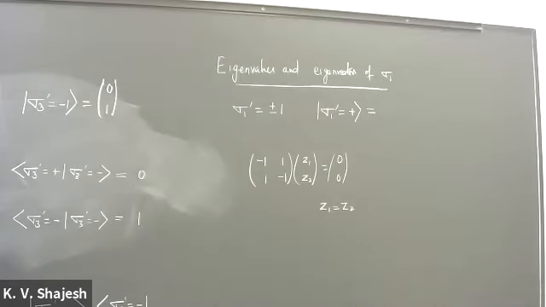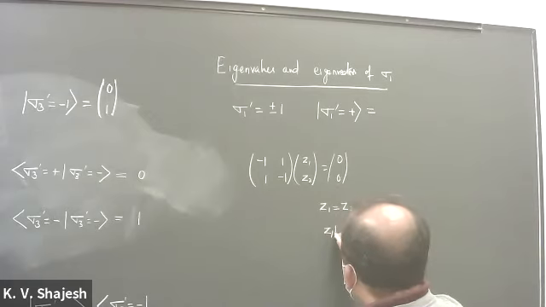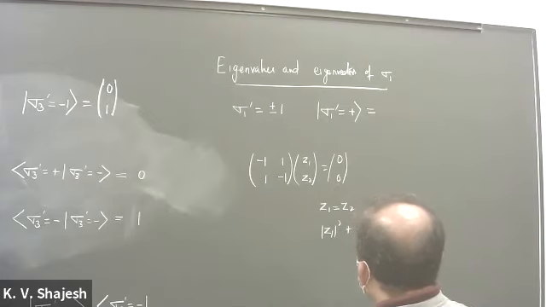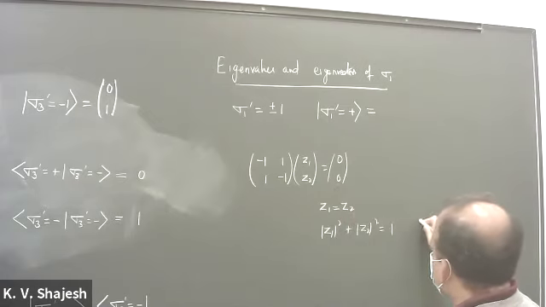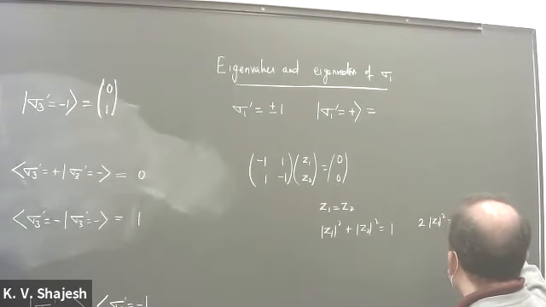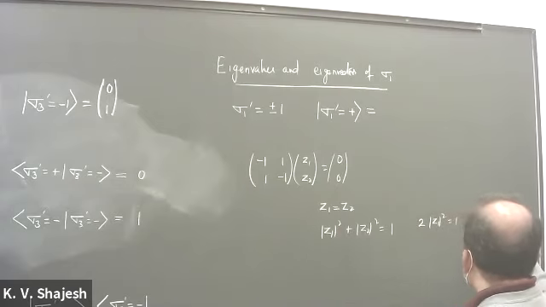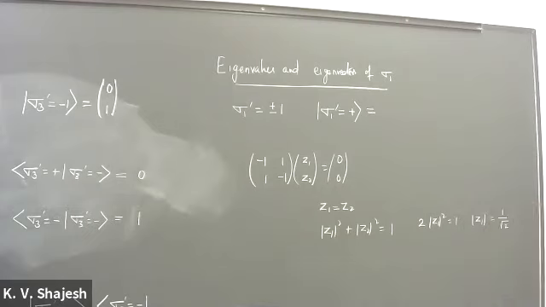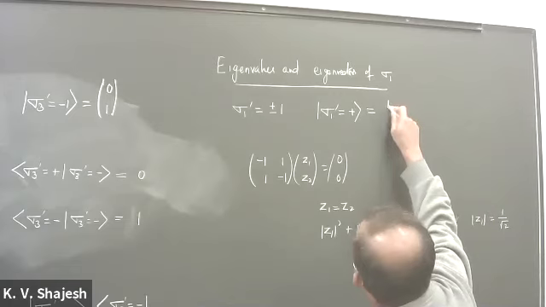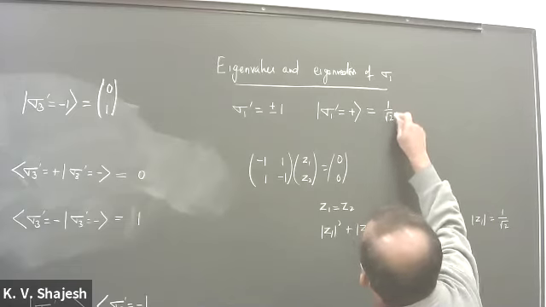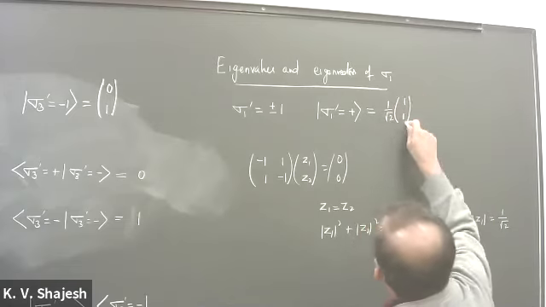Right. So it's not equal to 0. Both are the same, but the magnitude of z1 squared plus the magnitude of z2 squared is equal to 1. That gives me that 2 times z1 squared is equal to 1. So the magnitude of z1 is 1 over root 2, up to a phase. z2 is the same, so it is 1, 1.